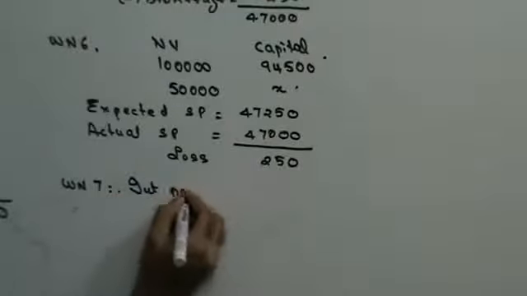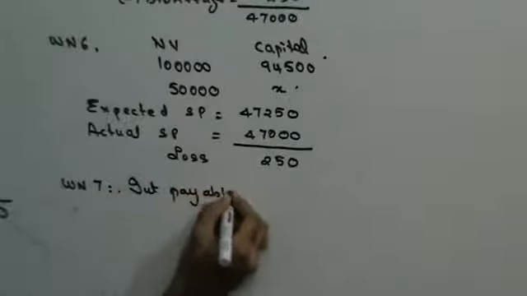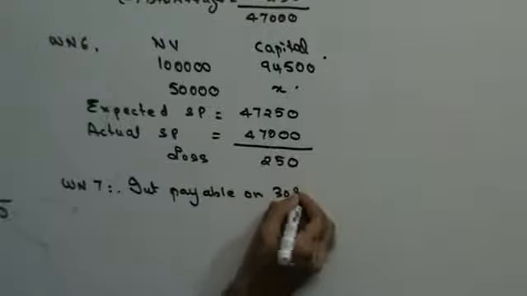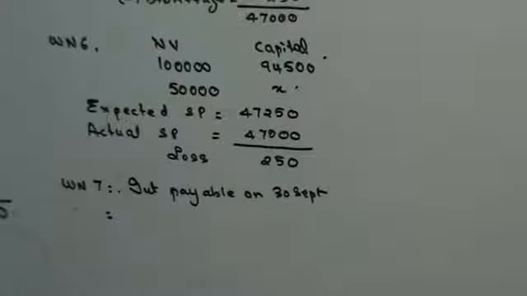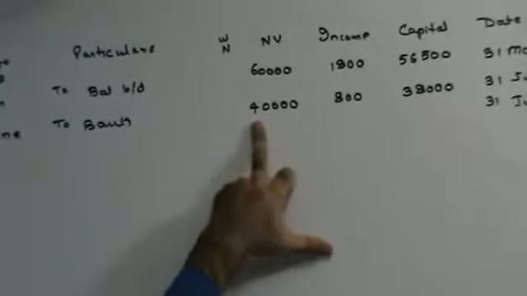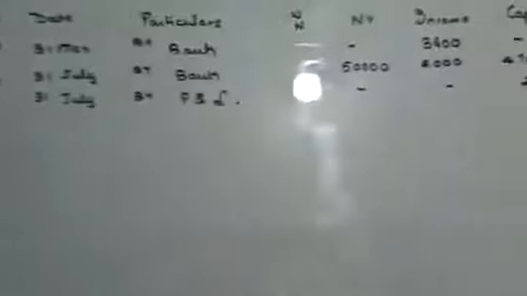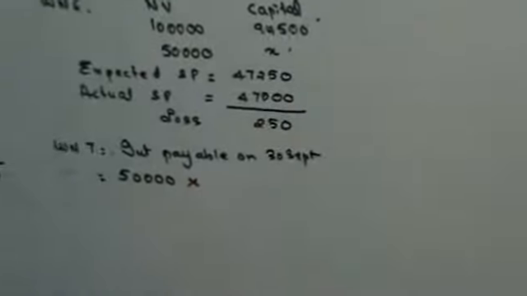Interest payable on 30th September. As on 30th September, what is the value of securities that you are holding? You had purchased 60,000 plus 40,000, 1 lakh, out of which you have finished selling 50,000. So you have 50,000 worth securities.